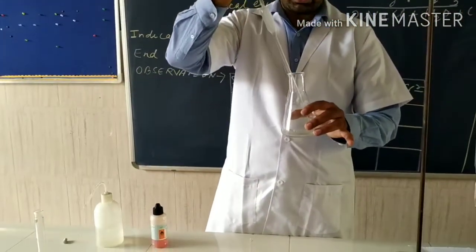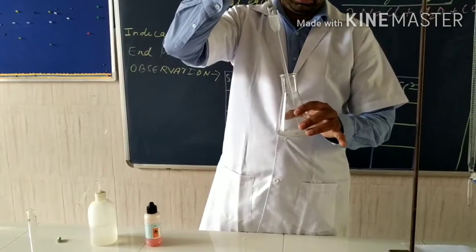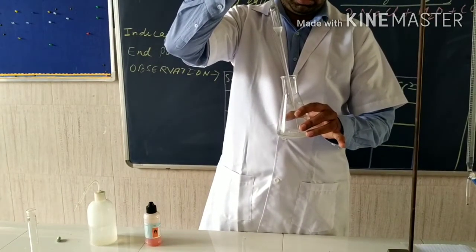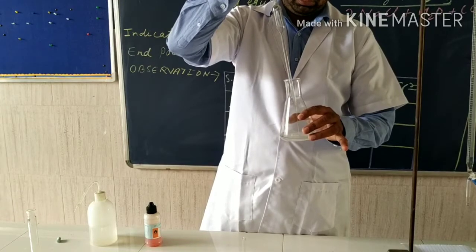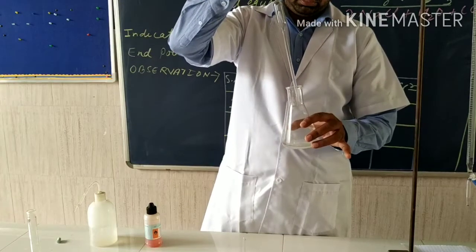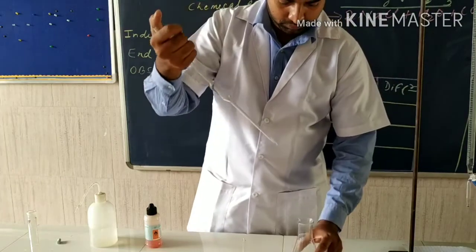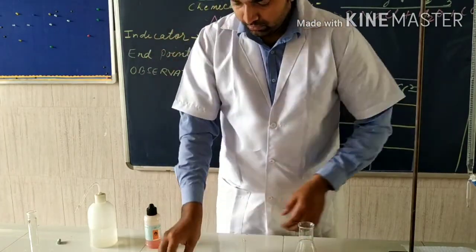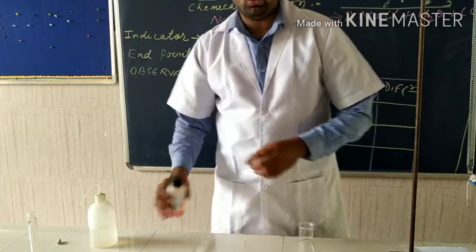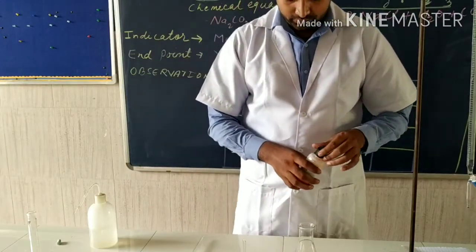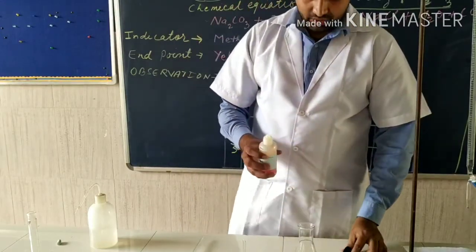Transfer this to this titration flask. Then put 1 to 2 drops of methyl orange, which is here the indicator.